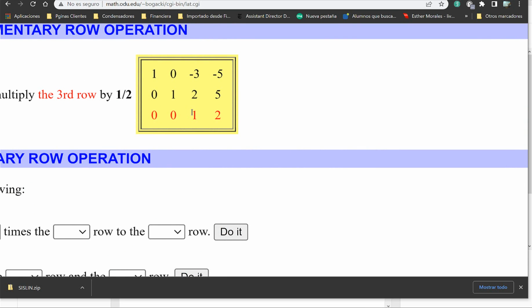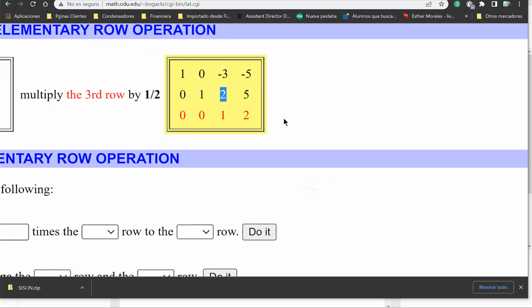You don't need the 1, but the Gauss-Jordan method asks you to get ones in the main diagonal. Then with this, you can still have 0 here and 0 here without affecting this part of the matrix with zeros. If I add 3 times the third row to the first, I'll get a 0 here. If I add -2 times the third row to the second, I get a 0 here.